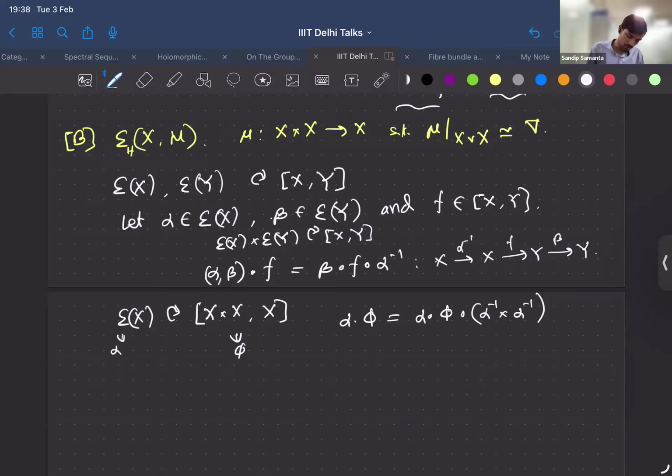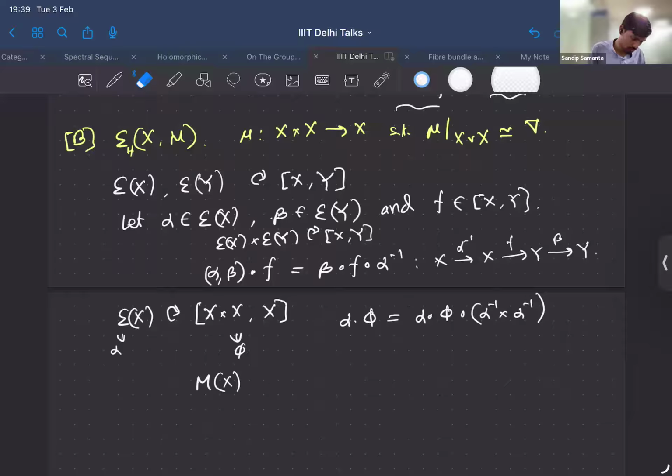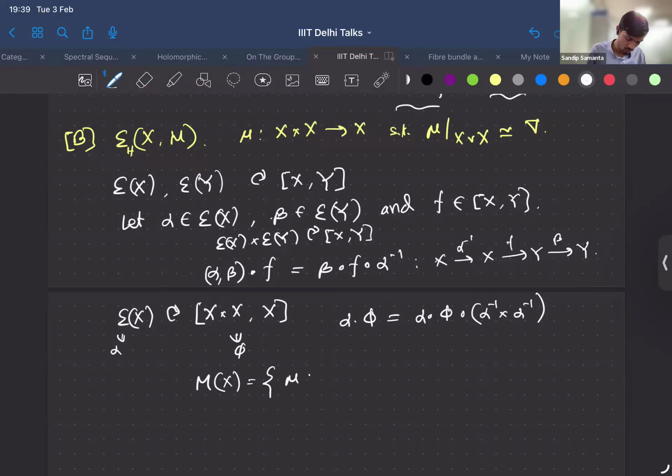And if we denote by mx all those multiplications, so mx is just all those mu from x cross x to x such that mu restricted to x wedge x is homotopic to the folding map.